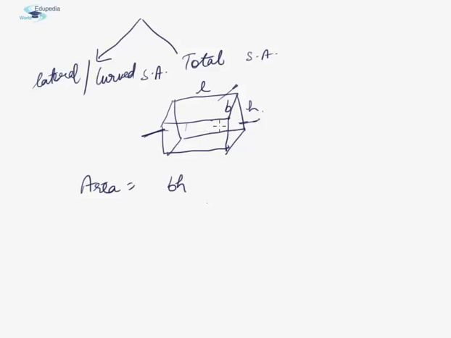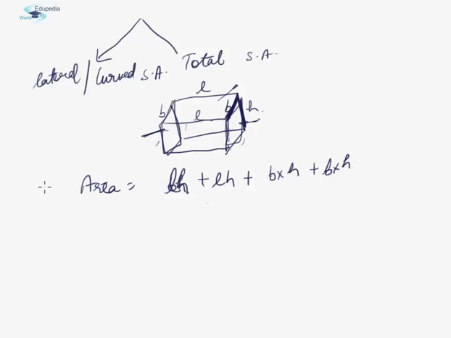Similarly, for this face it will be L into H. Similarly, for the back face it will be L into H again. For this face it will be B into H, because the dimensions B and H are involved in this area, and for this face also it will be B into H.